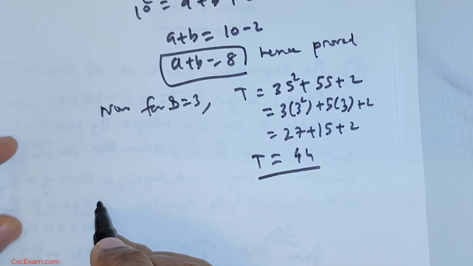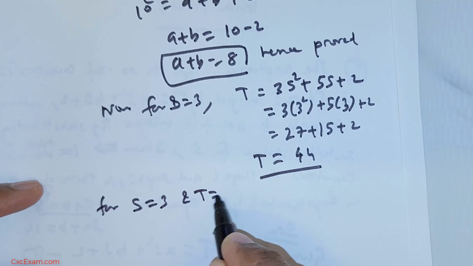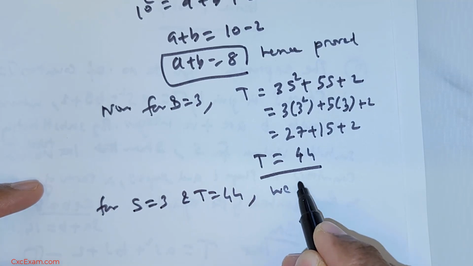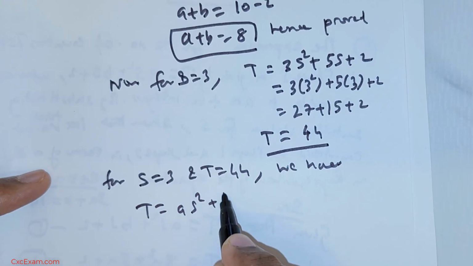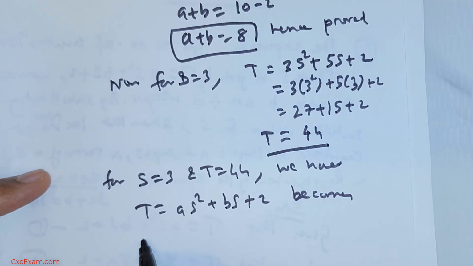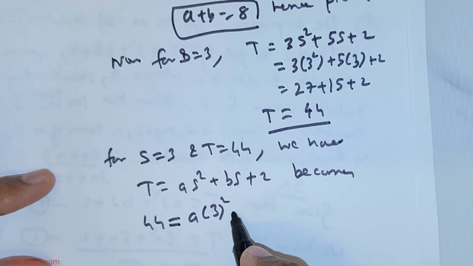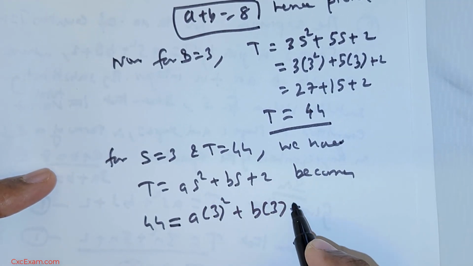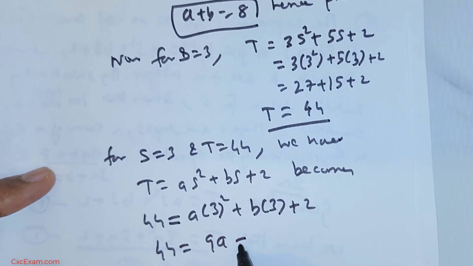So for s is equal to 3 and t is equal to 44, we have t is equal to a times s squared, b times s positive 2, which becomes 44 is equal to a times 3 squared, b times 3 positive 2. 44 is equal to 9a positive 3b positive 2.